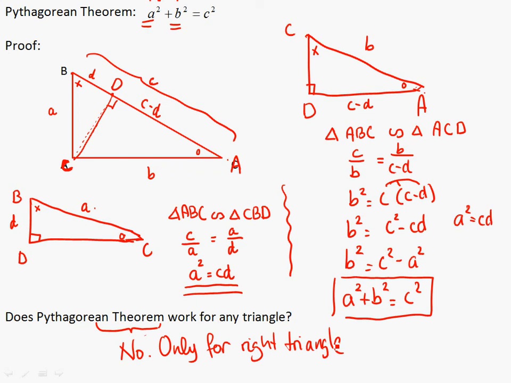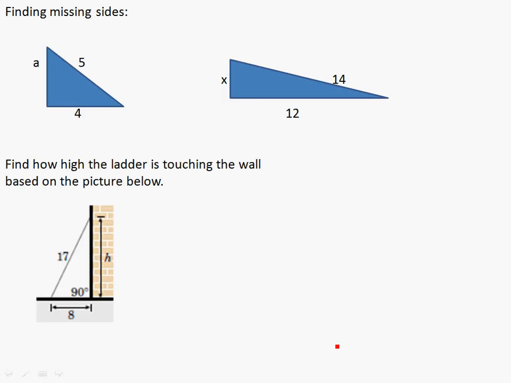Alright. So now we're going to find some stuff based on Pythagorean theorem in triangles. So how do you do that? So if you have this triangle and we're missing A, how can you find out what A is? You gotta put it together.